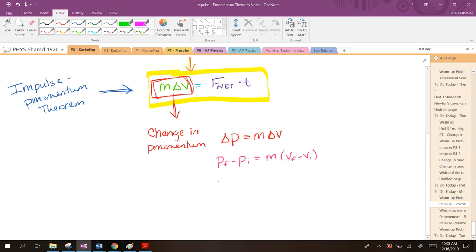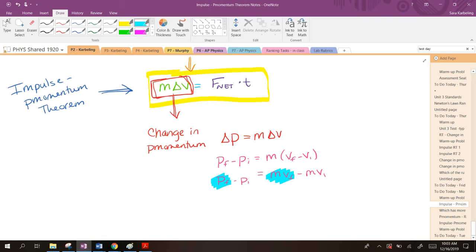Okay. So that means that, well, what is that? Distribute: m v final minus m v initial is equal to p f minus p i. So hey, the final momentum is equal to what? The mass times the final velocity.